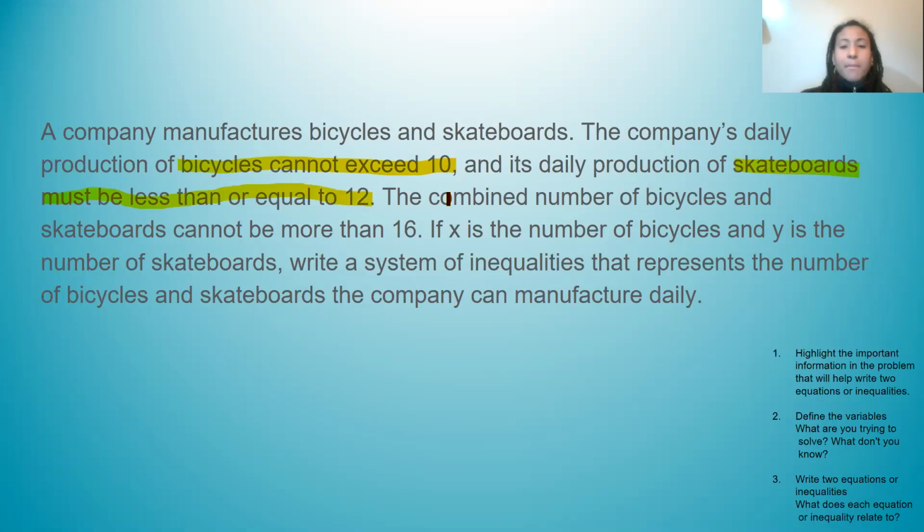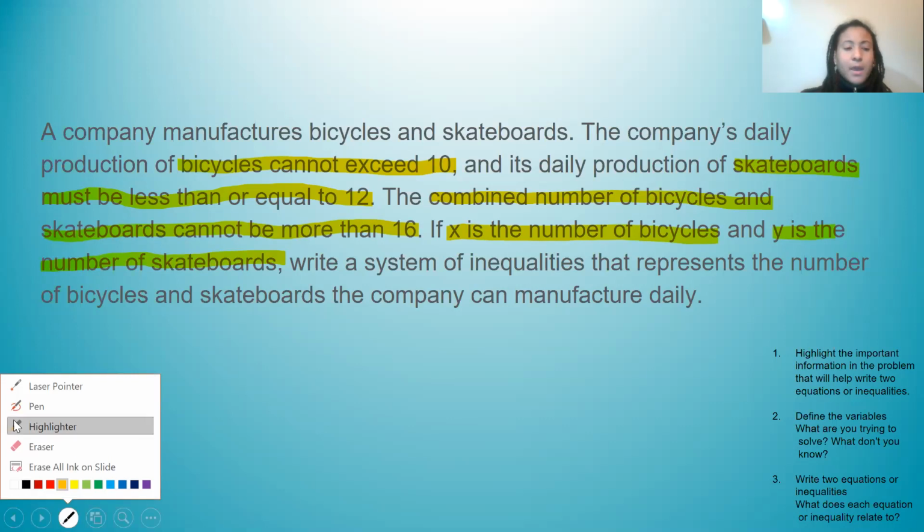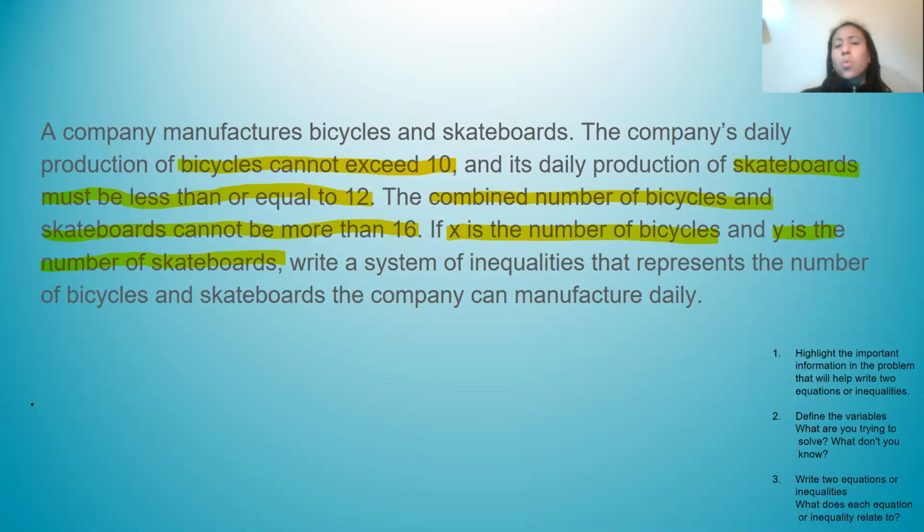And then we have a combined number of bicycles and skateboards cannot be more than 16. We also have X is representing the number of bicycles and Y is representing the number of skateboards. So there's a lot going on in this particular problem, okay? How many inequalities do you think you'll see in this particular problem?